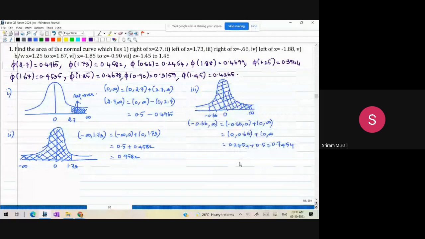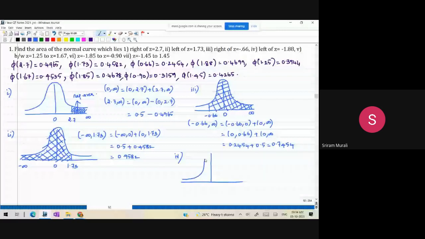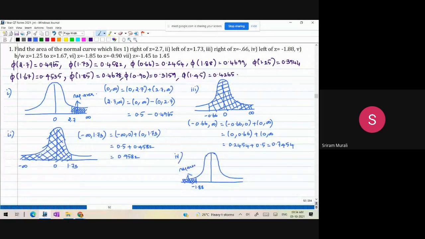Subdivision 4. If you take a normal curve, left hand side of minus 1.88. So this is minus 1.88. Left hand side means this is the required area. So how do we write this?